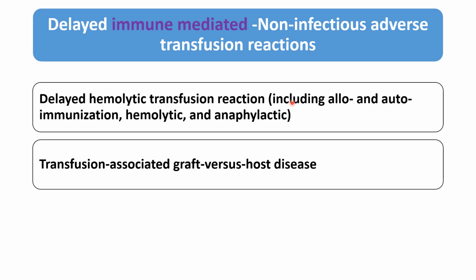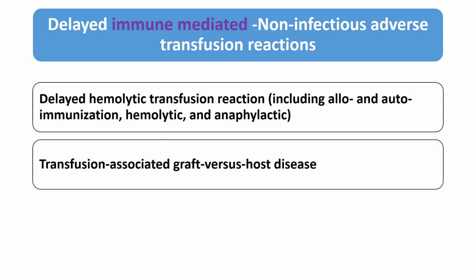Example, minor blood group incompatibility occurs and leads to alloimmunization. Autoimmunization means patient is developing antibody to the own red cell antigen. So destruction of own RBC occurs in autoimmunization, while in alloimmunization, destruction of the donor RBC occurs.